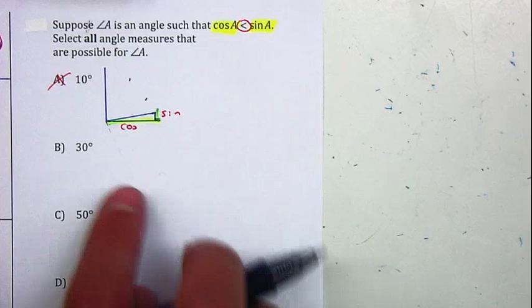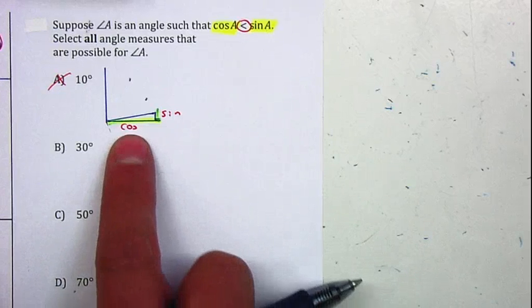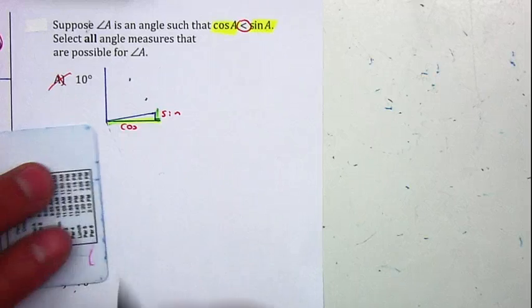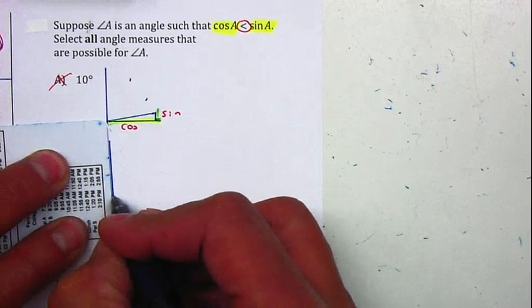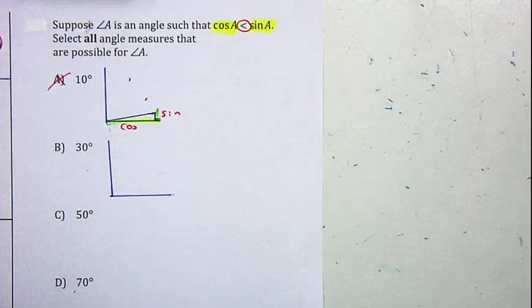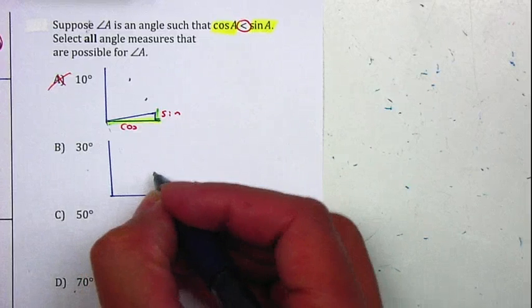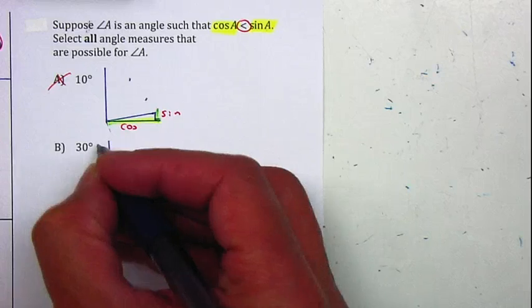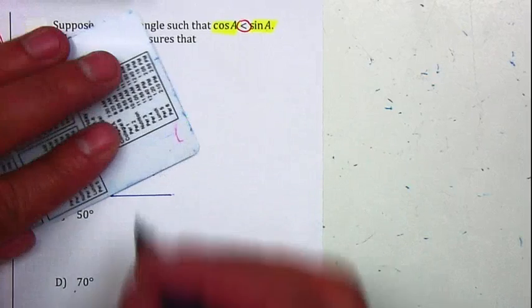Let's try letter B. Now if you want to do all the angles in one quadrant, it's fine. I prefer to do it separately so I can actually go back and easily see which is greater and which is less. But I can do them all at once. 30 degrees, I'm going to place my two dashes, and that'll be 30, 60, and 90. 30 degrees is located here.